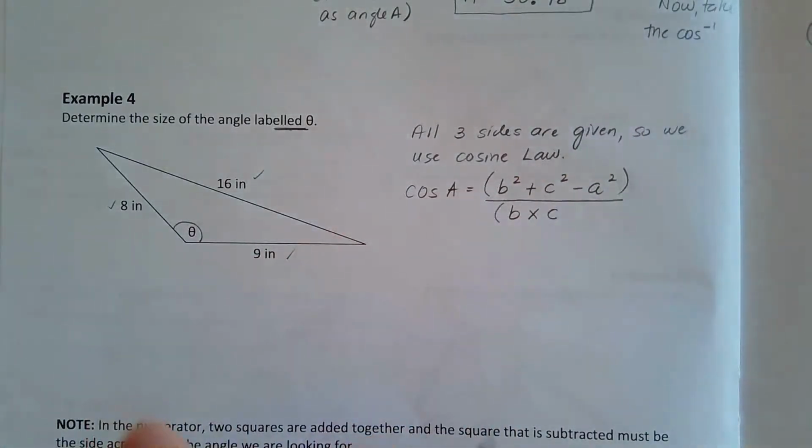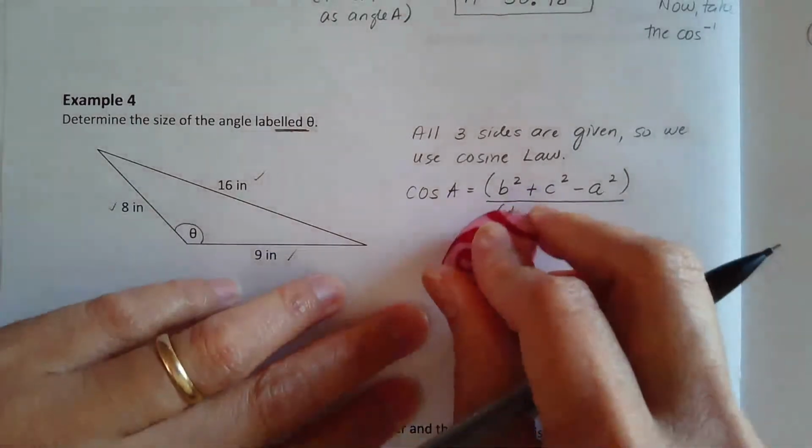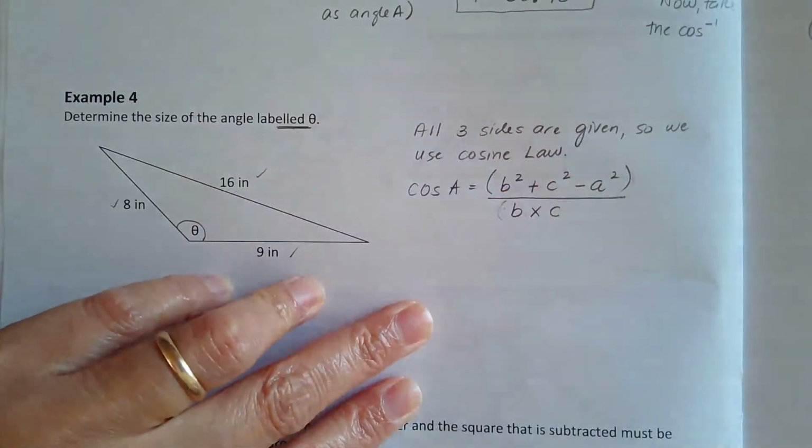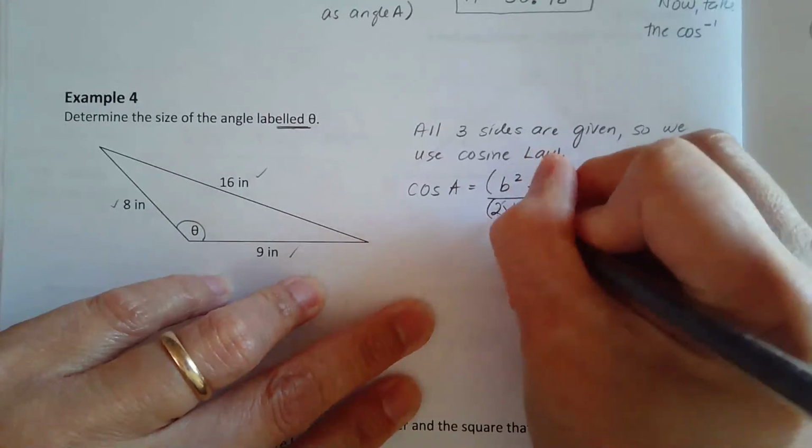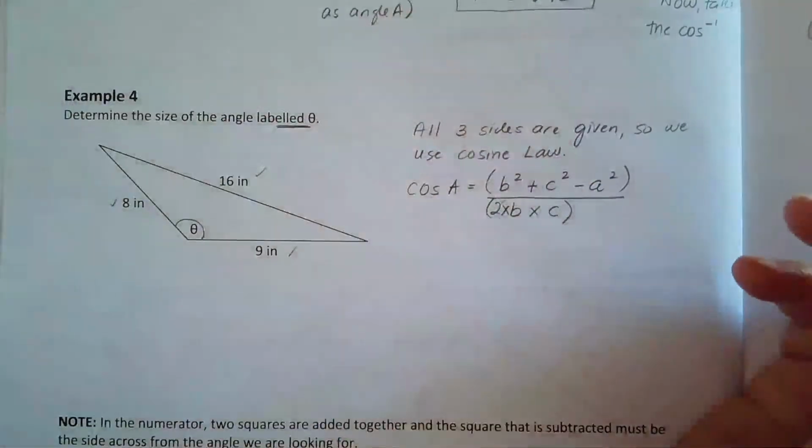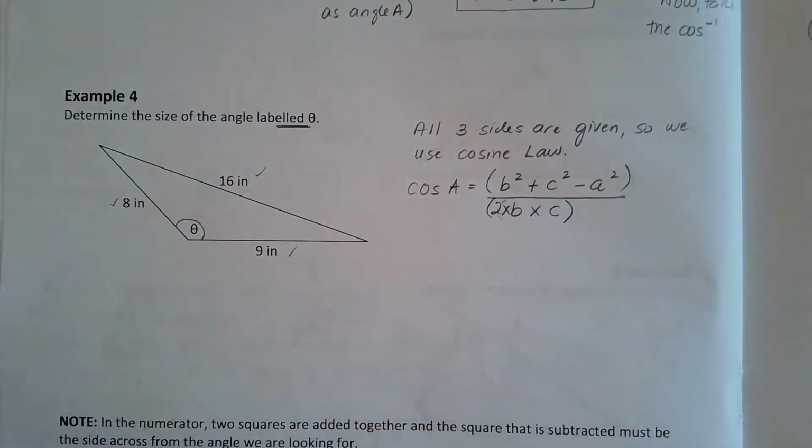Oops, I forgot the 2. I'll just insert the 2 at the front there. Divided by 2 times b times c. Now we're ready.